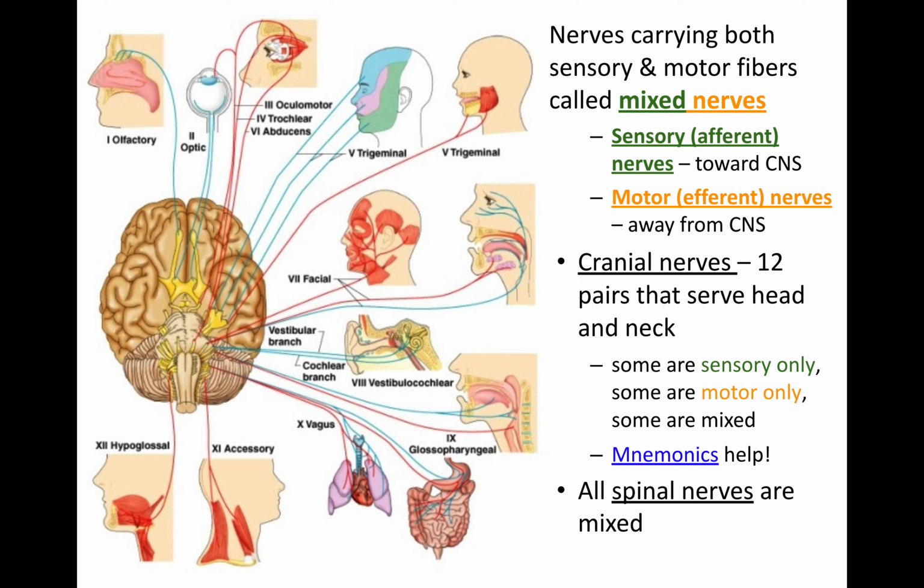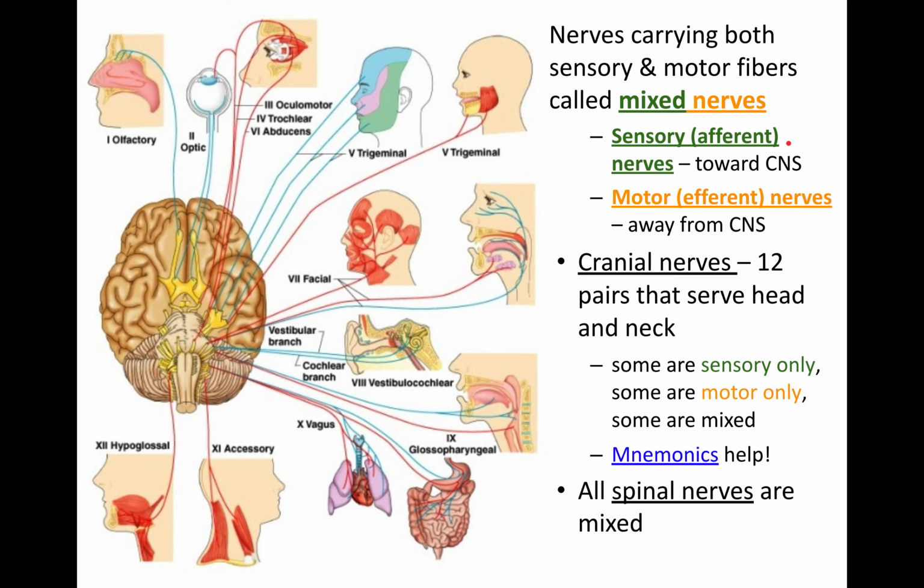And some of the neurons can be sensory, some of them can be motor neurons, and in some nerves, they may be only sensory or only motor neurons. Okay? But when a nerve contains both motor neurons and sensory neurons, those are called mixed nerves.